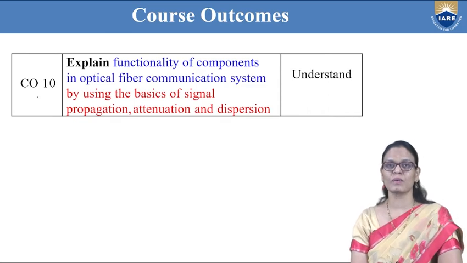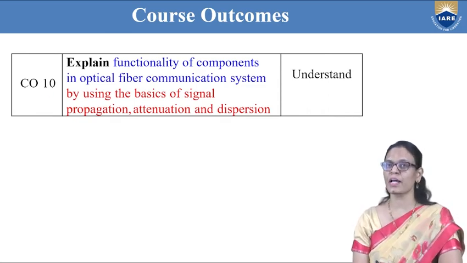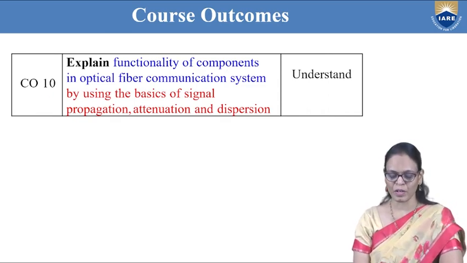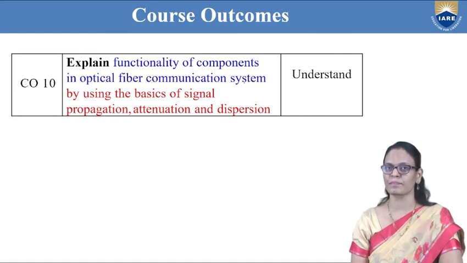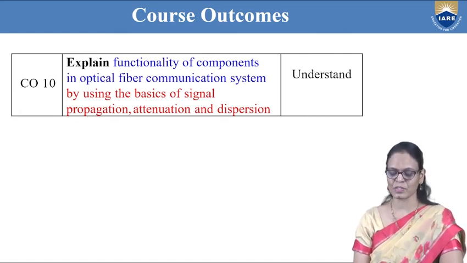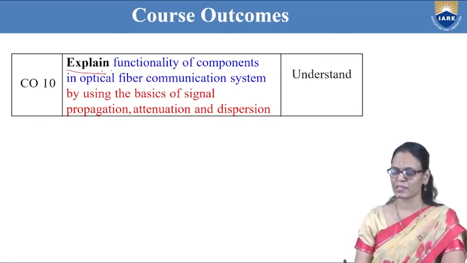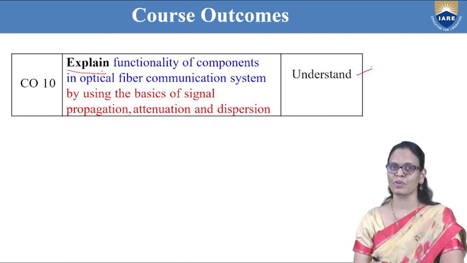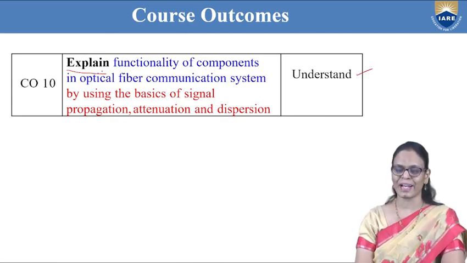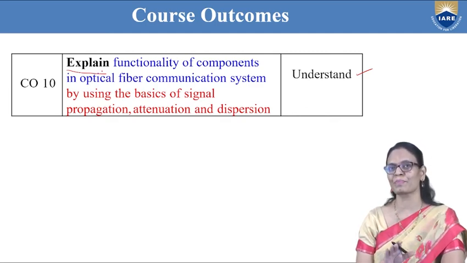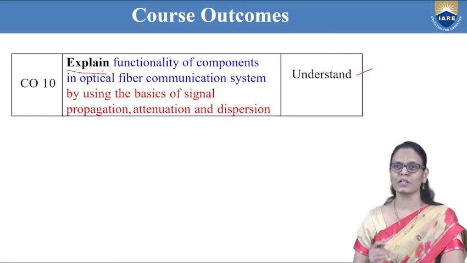Then the last one, CO10, explain the functionality of components in an optical fiber communication system by using the basics of signal propagation, attenuation and dispersion. They are able to explain, which means it is at the understand level. So like this, we have divided the entire course based on 10 outcomes. These are the 10 course outcomes which are to be achieved by the end of the course.